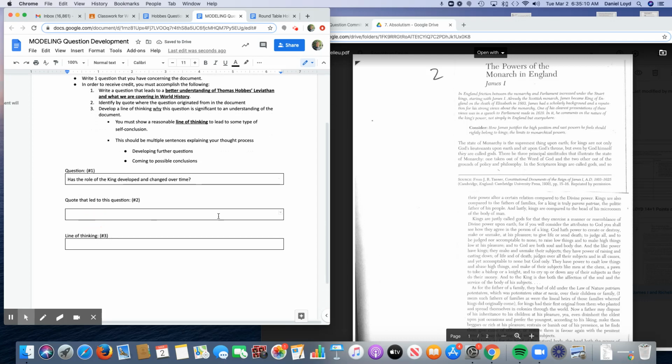Now the quote that leads me to this question is here: "Kings are also compared to fathers and families, for kings are truly parens patriae." So I'm going to put that quote there.